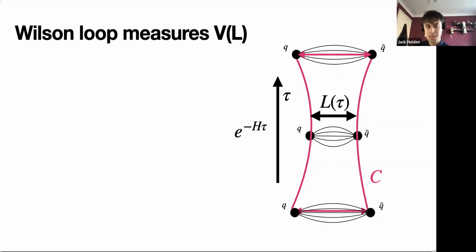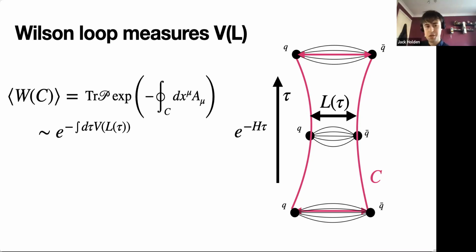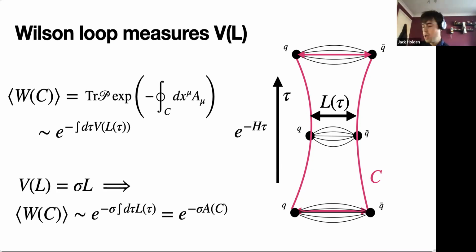If we take a quark-antiquark pair along this curve C and propagate it under Euclidean time for very long distances, it measures the potential between the quarks in an exponent integrated over the Euclidean time. And so if the potential between the quarks is linear, as we expect in the confining theory, this gives us the familiar area law of the Wilson loop, which is known as the signature of confinement.